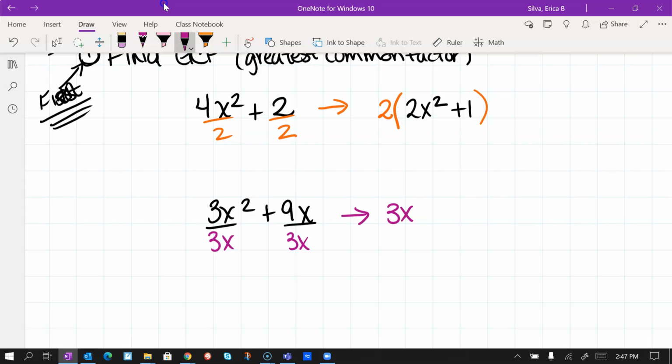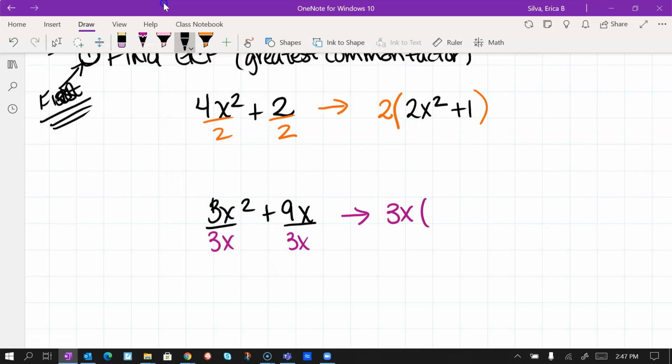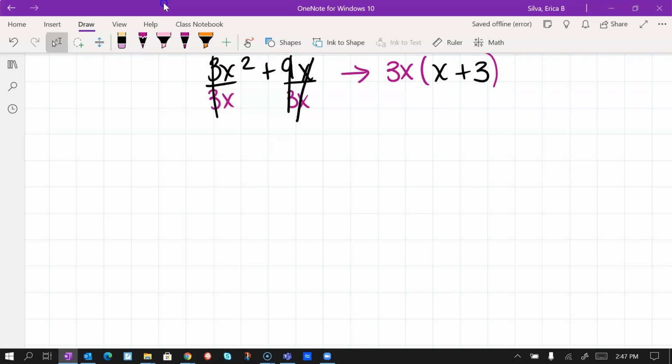So then whatever we divide it by will go on the outside. And we've got 3 divided by 3, that gives us 1. X squared divided by x, that leaves us with just 1x. 9 divided by 3 is a positive 3. And then x divided by x, they cancel each other out. So that's what's left.